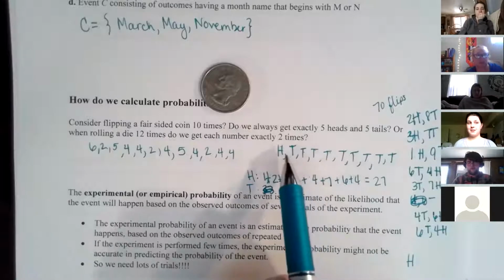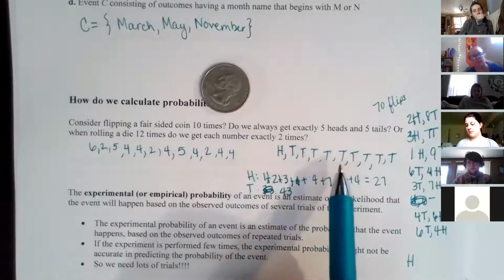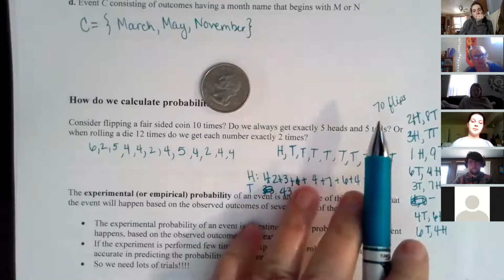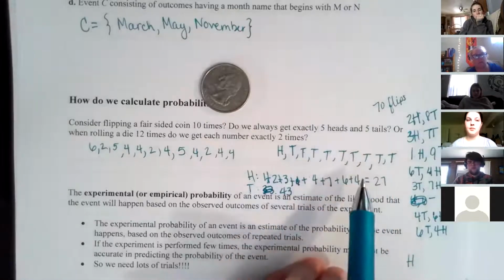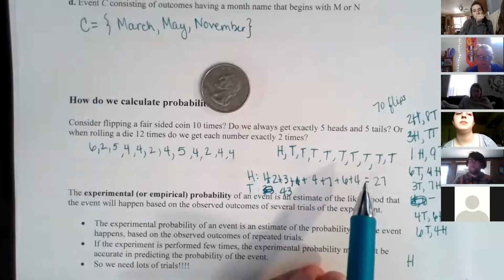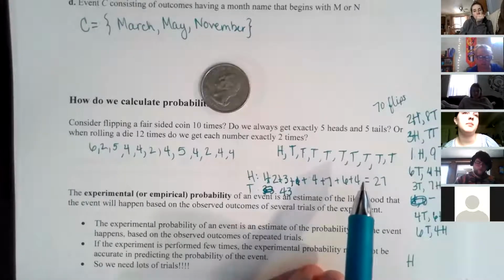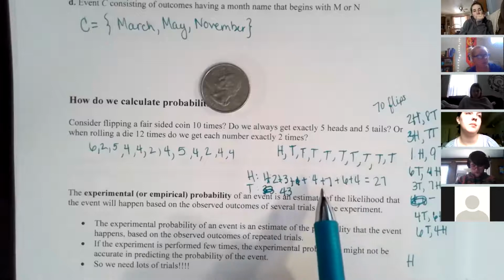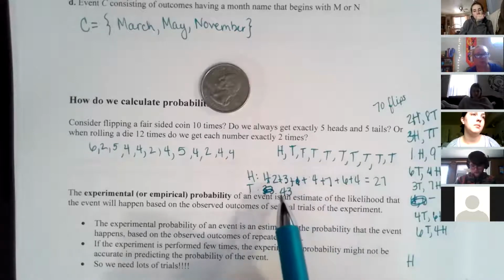Only 10% of the time I would have got a heads, and 90% I got the tails, right? So with 70 trials, I ended up getting 27 divided by 70. Almost 40% of the time I got a heads, and then roughly 60% of the time I got a tails.